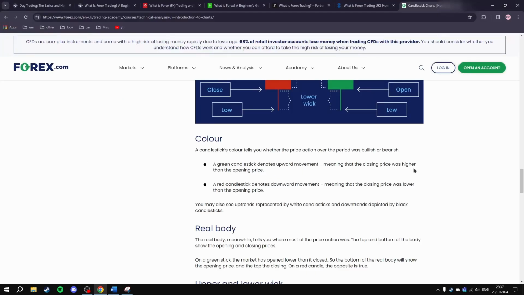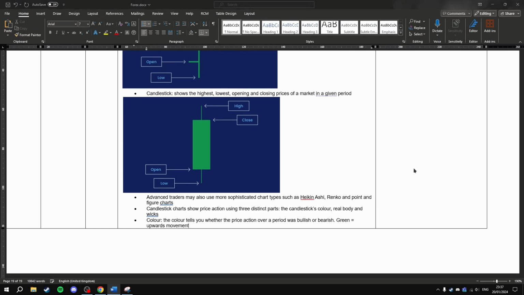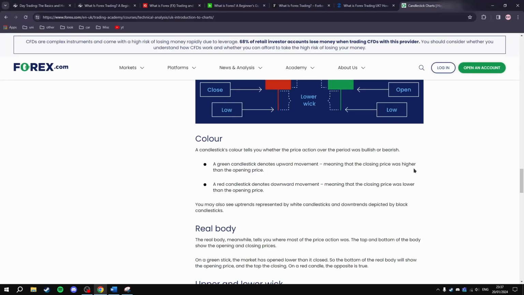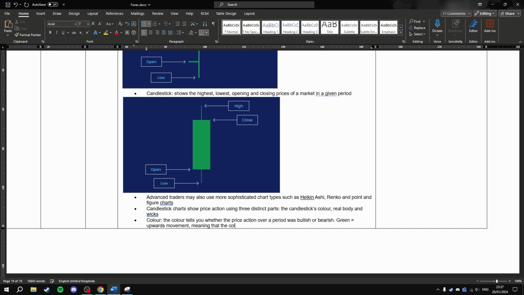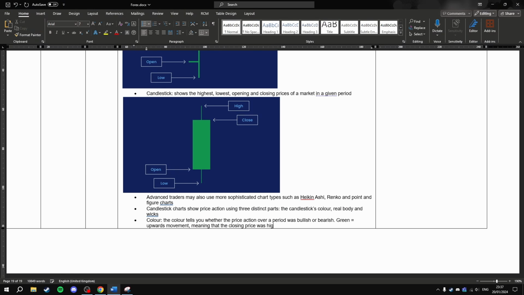A green candlestick denotes upward movement. Green equals upwards movement, meaning that the closing price was higher than the opening price.